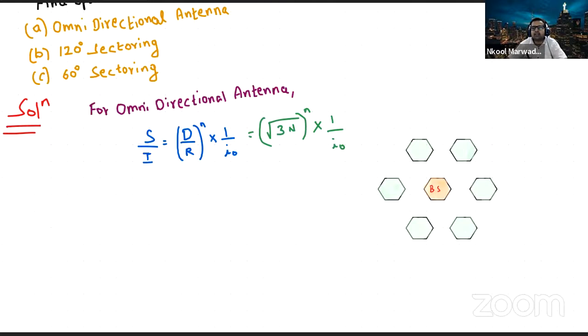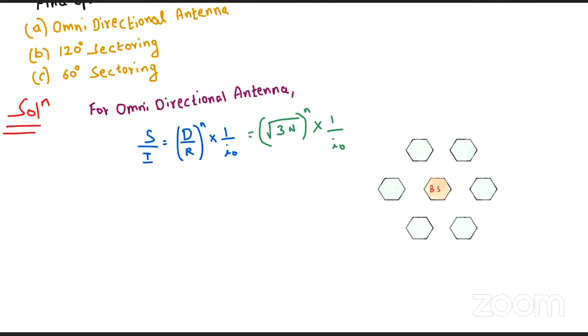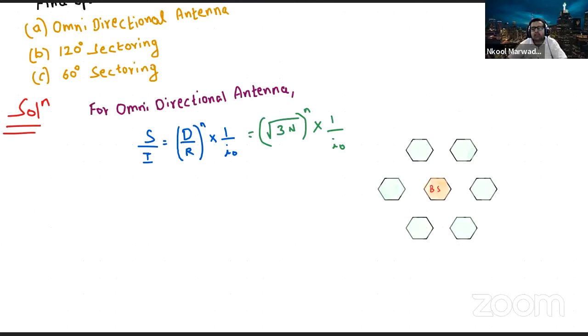If the cluster size decreases, the number of co-channels has to decrease, like the cells sharing the same frequency group, and hence S by I will increase significantly, for 120-degree sectoring and for 60-degree sectoring.